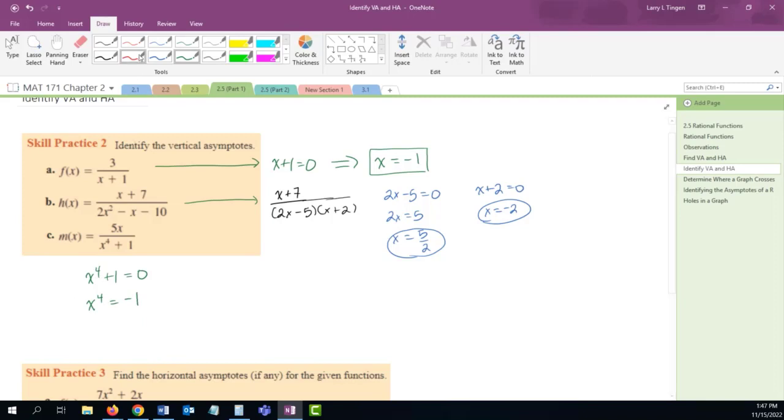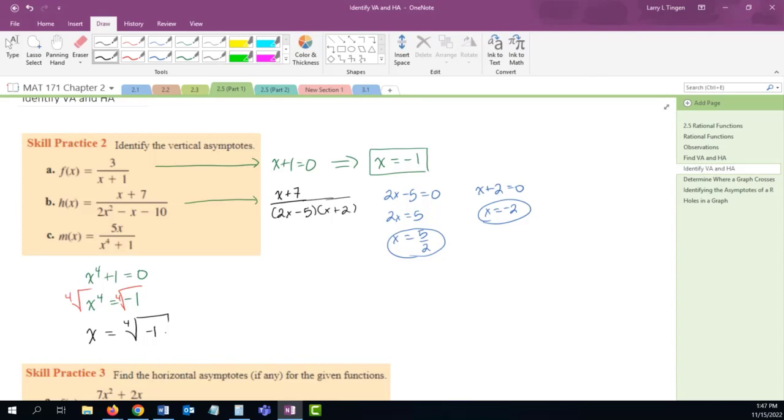Solve for x. So I'm going to take a fourth root, and here's a tricky part of this question. I have a negative under an even root. So that means my answer is somehow complex.